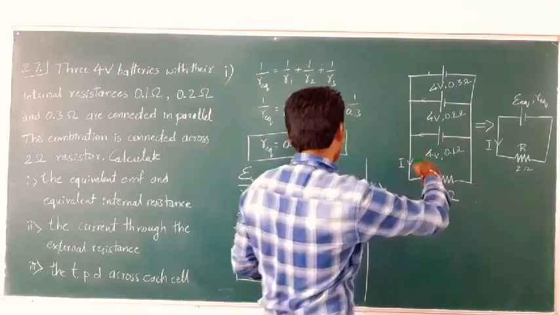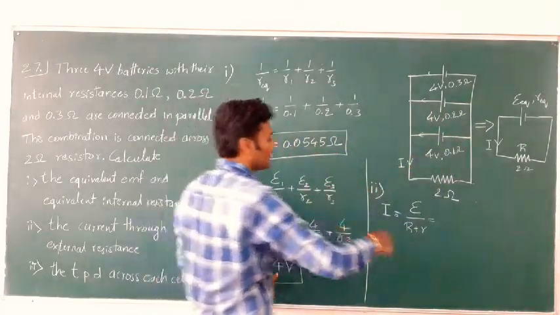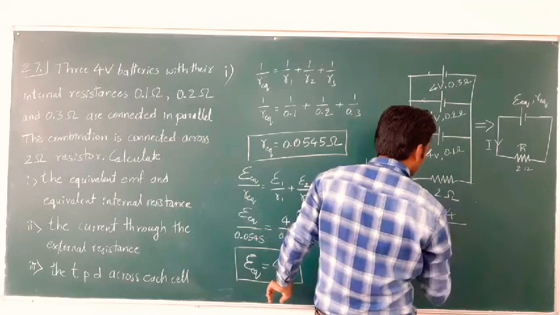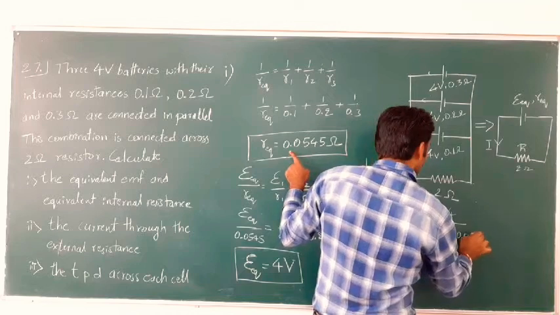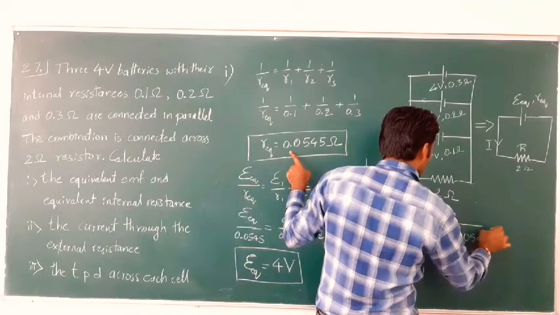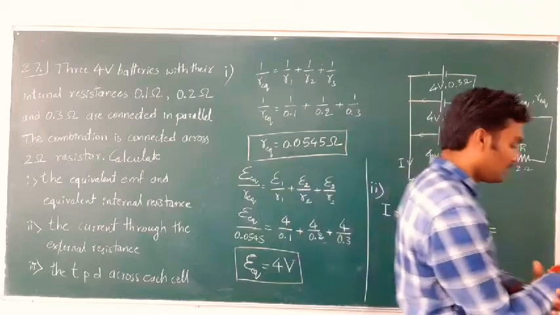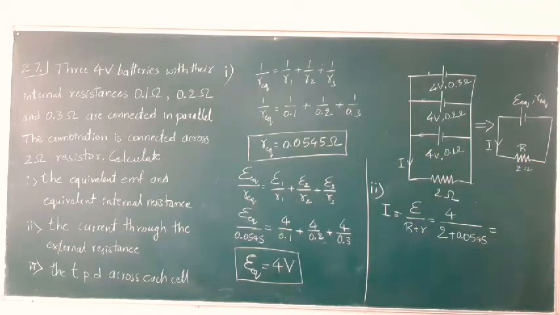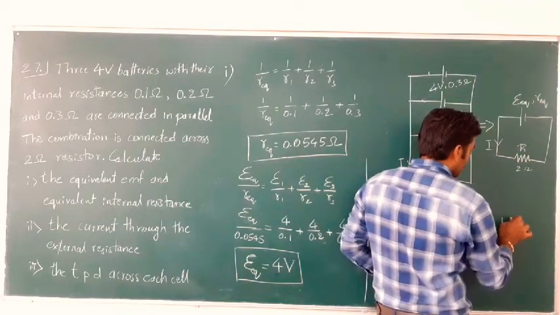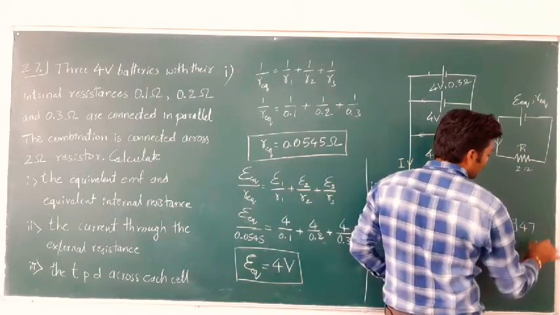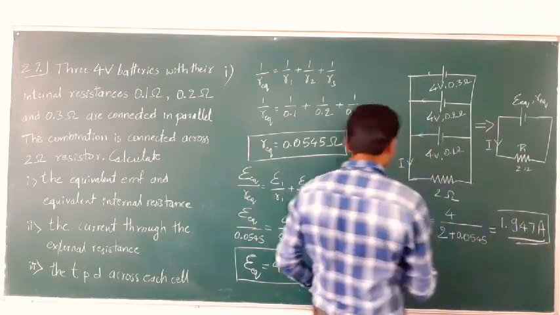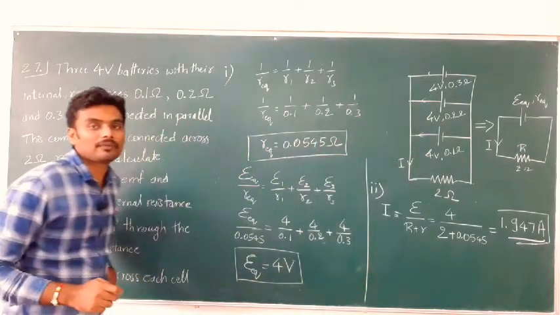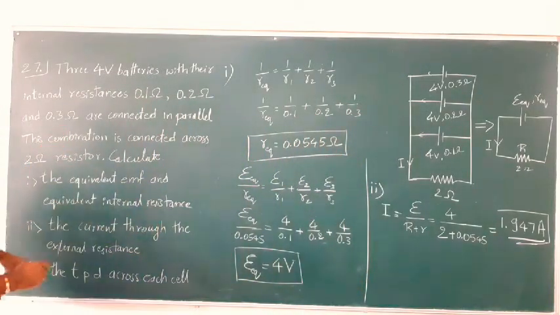E is E equivalent here, because the total current has to be found, which is 4 divided by capital R is 2, small r is 0.0545, which should be closely equal to 2 ampere, but it's 1.947 ampere.